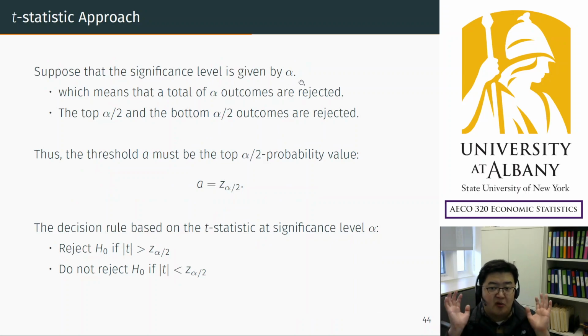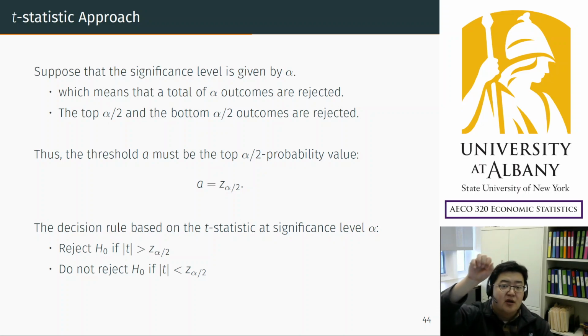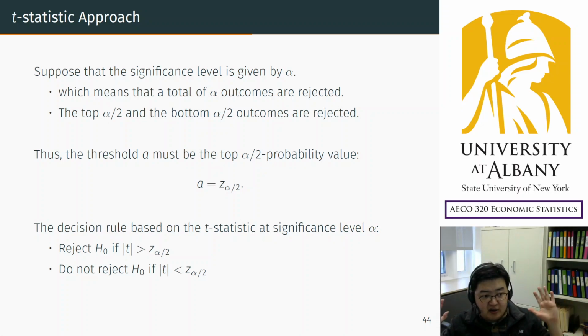Remember, the significance level is the percentage of rejection. Like in the ranking, you reject alpha probability from the top. So in the normal distribution graph, if you reject alpha probability, you are going to reject alpha over 2 from the top and reject alpha over 2 from the bottom.